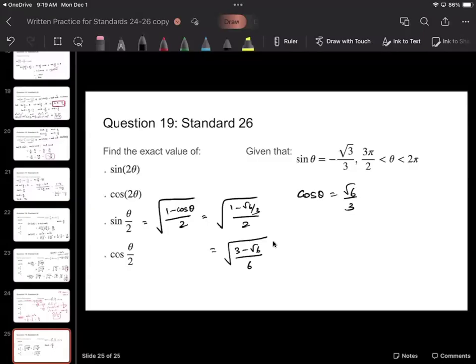Now for cosine theta over 2, this falls in the second quadrant, so cosine is negative. So I have negative square root of 1 plus cosine theta over 2, which is negative square root of, let me rewrite this.